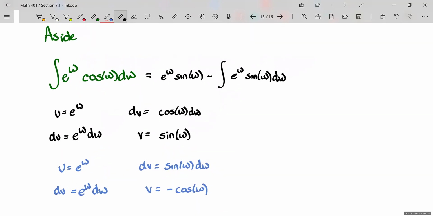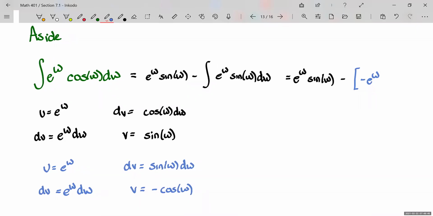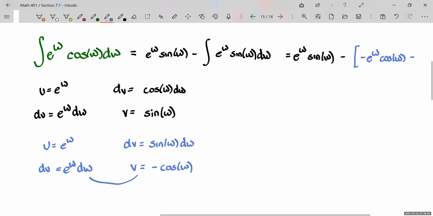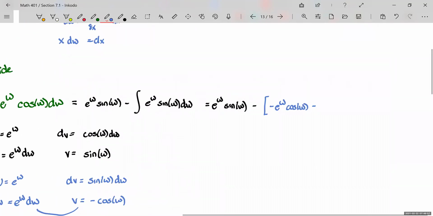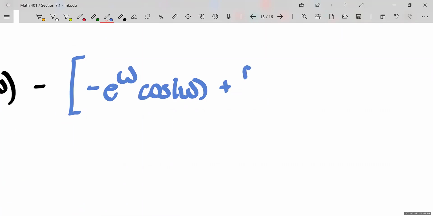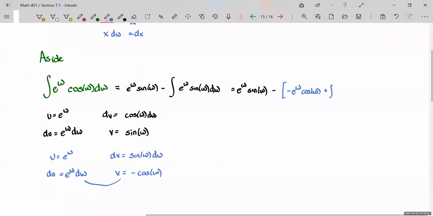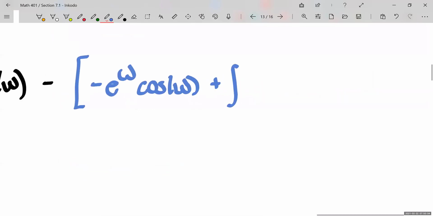So plugging that in to this, we have e to the w sine w minus, and then I'll use my blue ink here, u times v, which is a negative e to the w cosine of w, minus the integral v du. That's minus a negative, so I'll just put that positive in here. Integral of v du, cosine and e to the w.